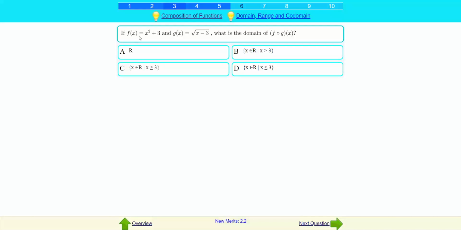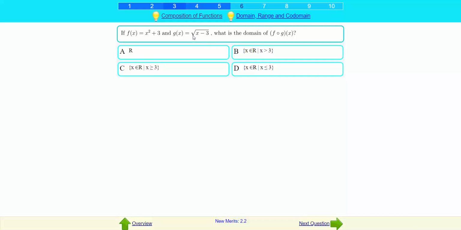So if f of x equals x squared plus 3 and g of x equals the square root of x minus 3, what is the domain? Now we're talking about the domain, not the range, of f composed with g. In this case, we're starting off with g of x, so g of x has to be all the numbers but not negatives.